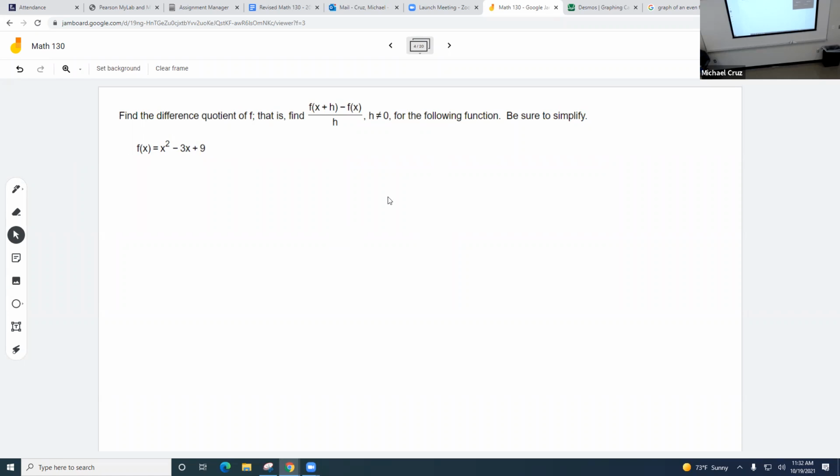All right, so what we've got to do is subtract from the f of x plus h this, okay? So what we're going to do is find f of x plus h. I'm just going to do that separately, and then we'll assemble this thing together.